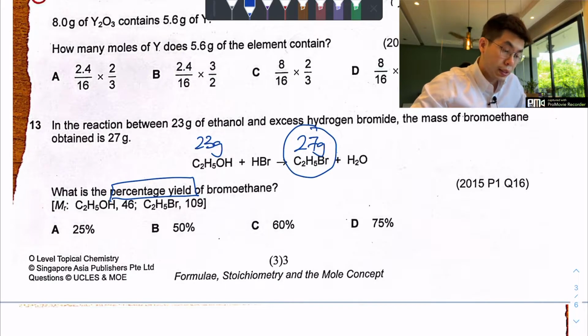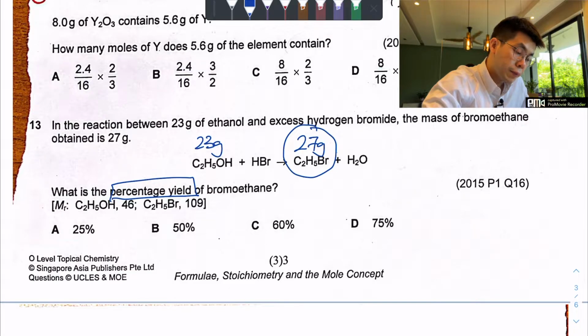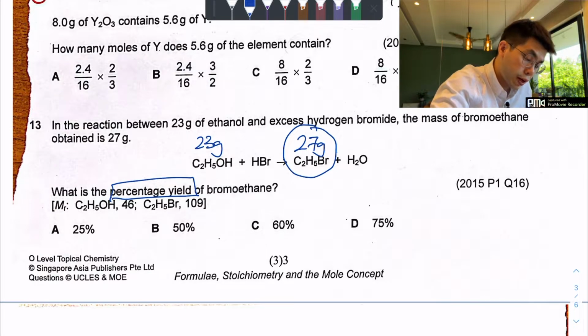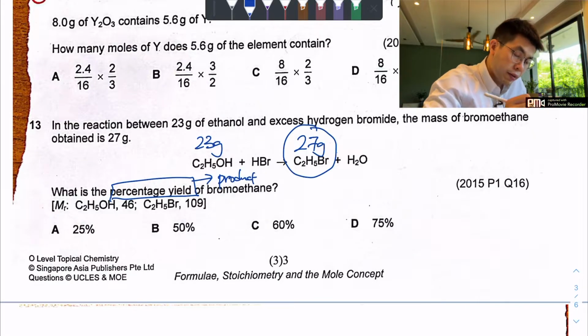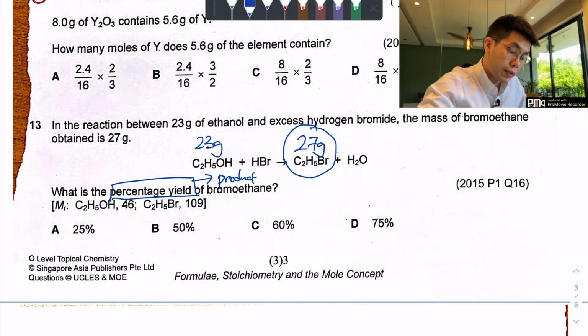What is happening here is that I am assuming I start with 23 grams of pure ethanol. Percentage yield is looking at the product, so I need to first find out the theoretical yield.